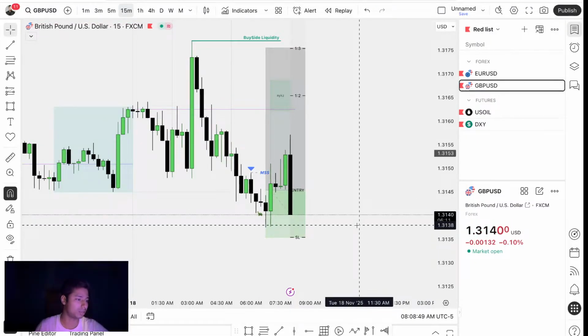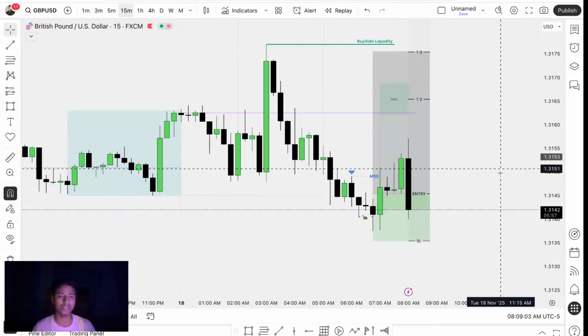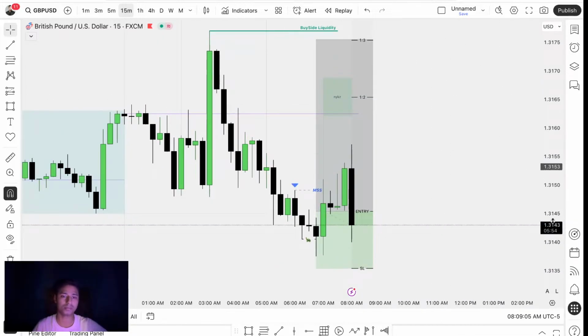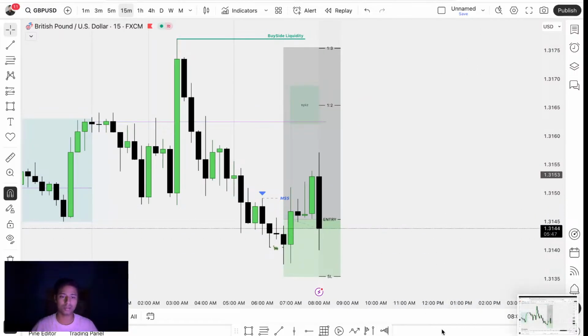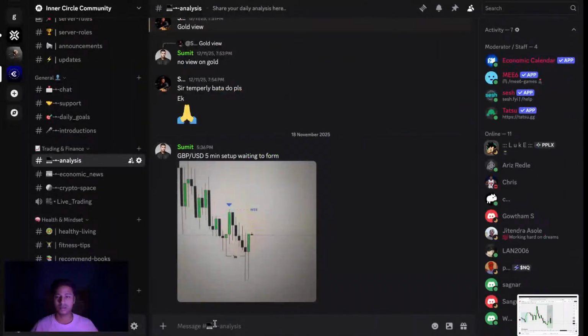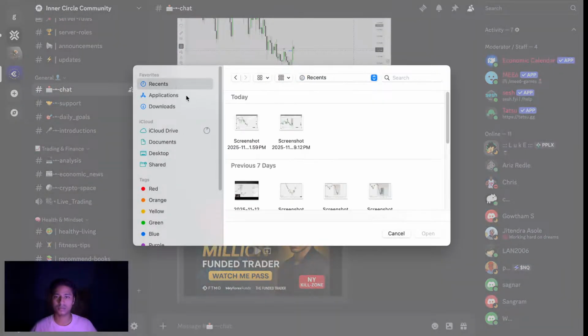Let me just check. Sometimes the broker doesn't close the trade, which is hard. Yeah, okay, I just got break even. Let me share it on Discord too, because some people really watch my trades.